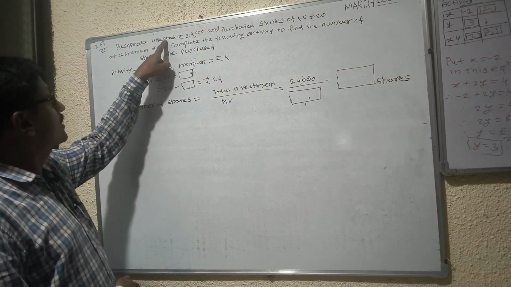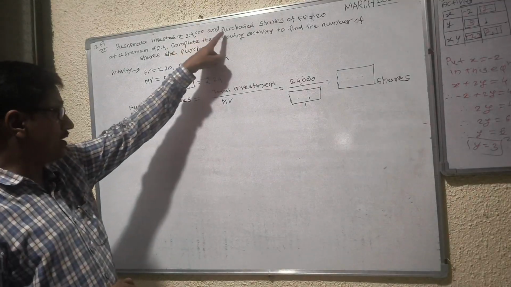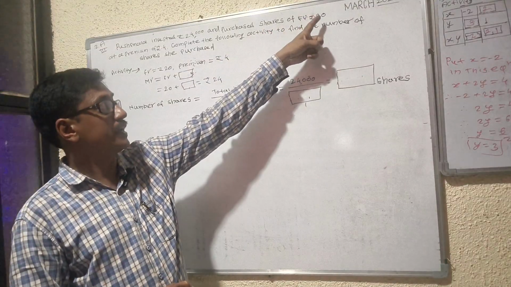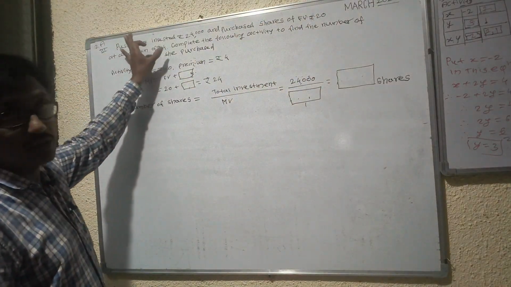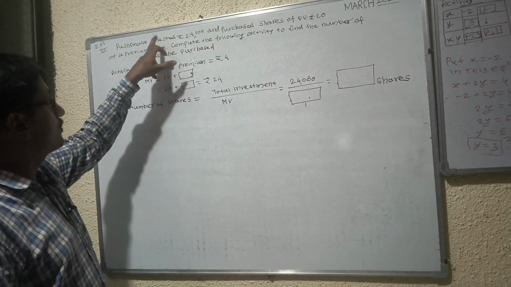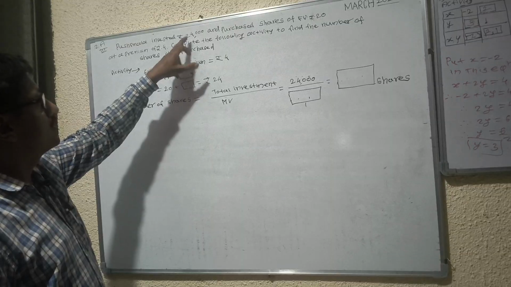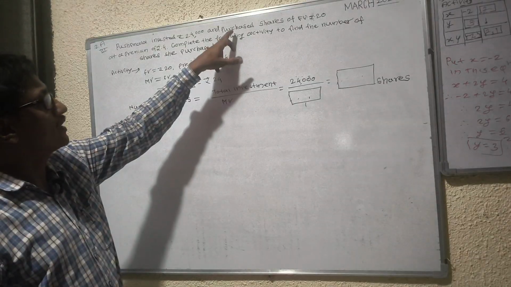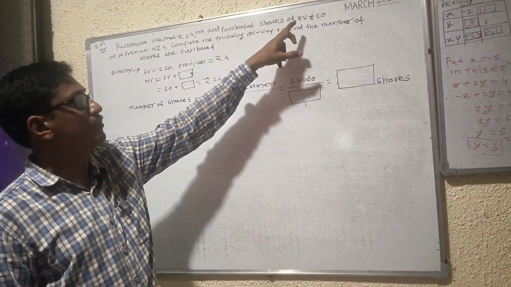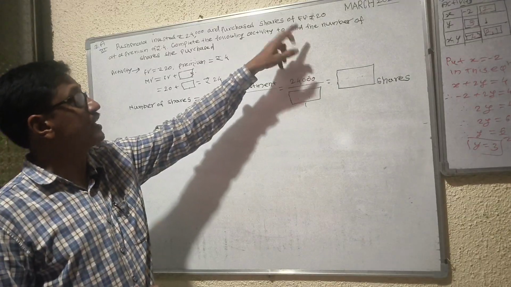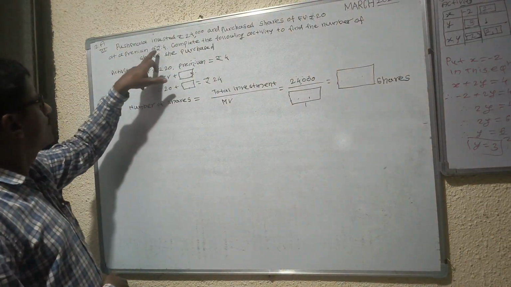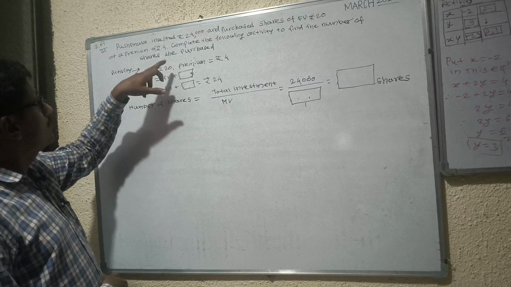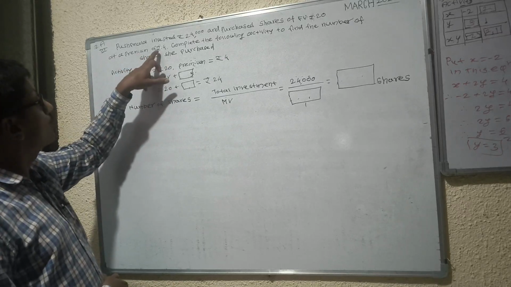Pushpamala invested rupees 24,000 and purchased shares of face value rupees 20 at a premium of 4 rupees.